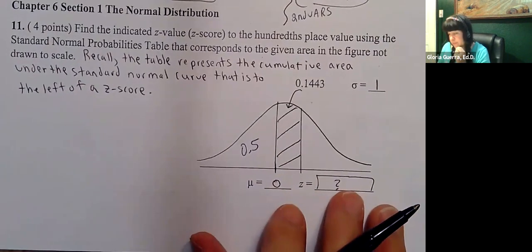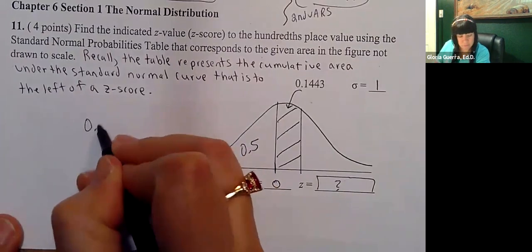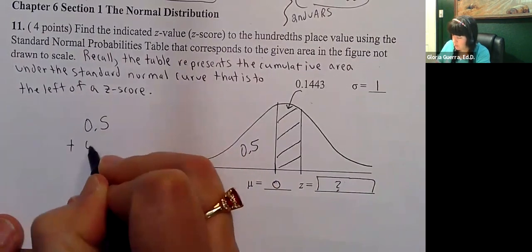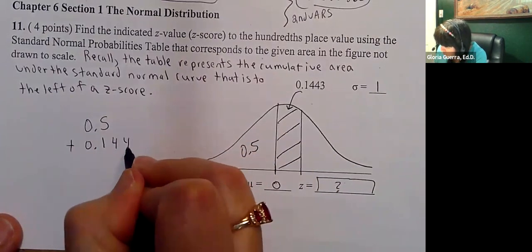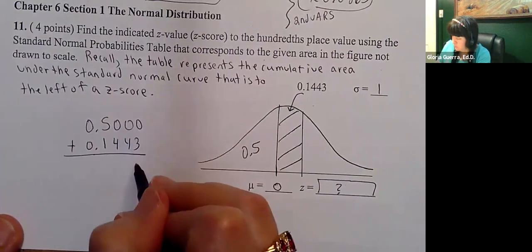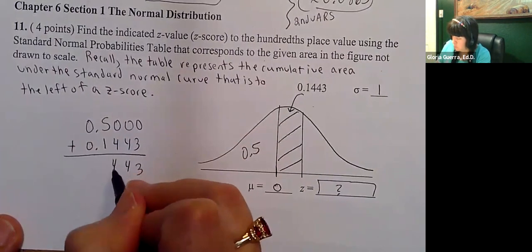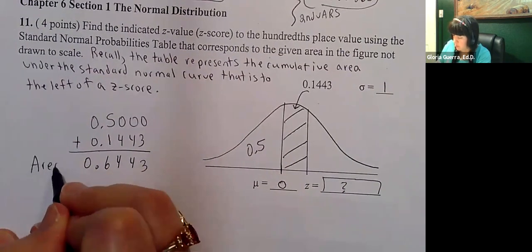So if I take 0.5 and I add this area, 1, 4, 4, 3, that gives me this area here.